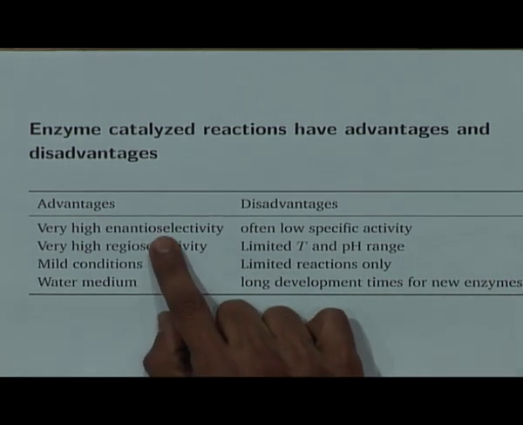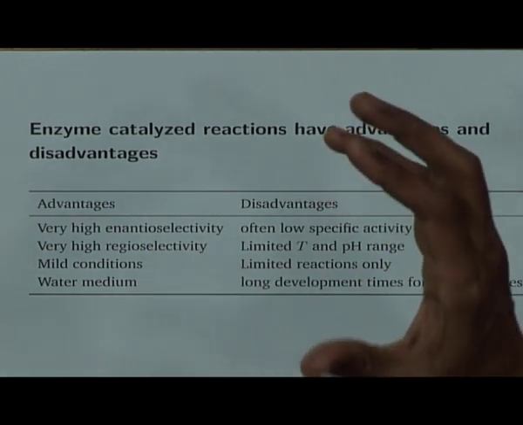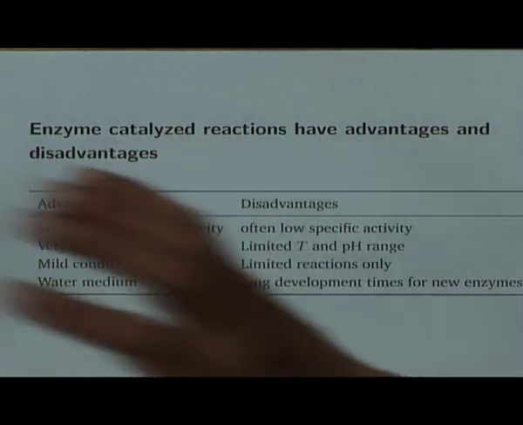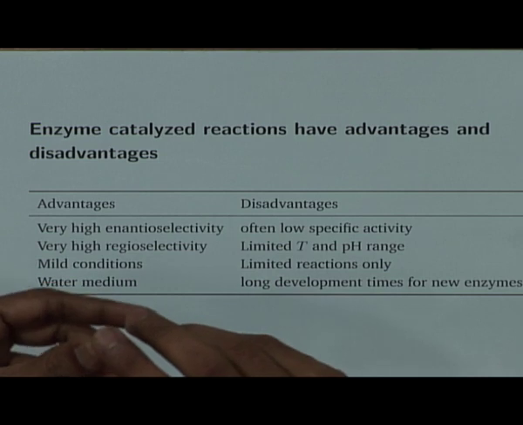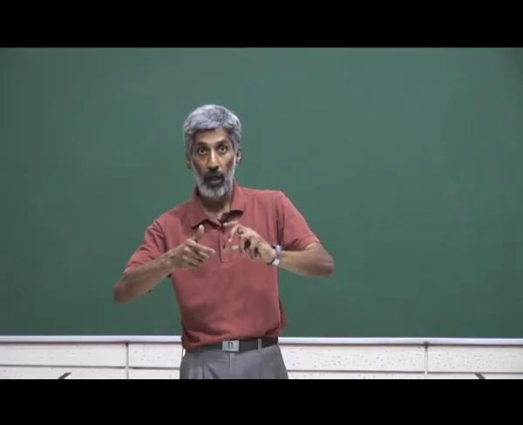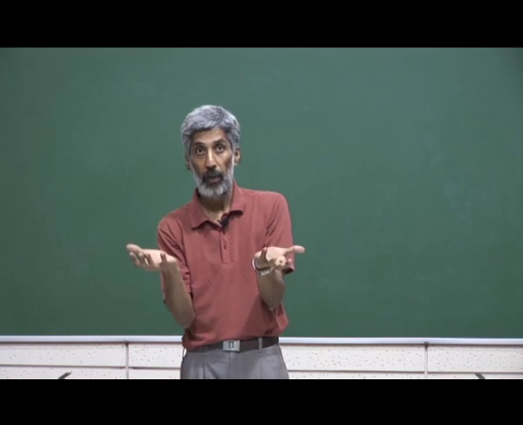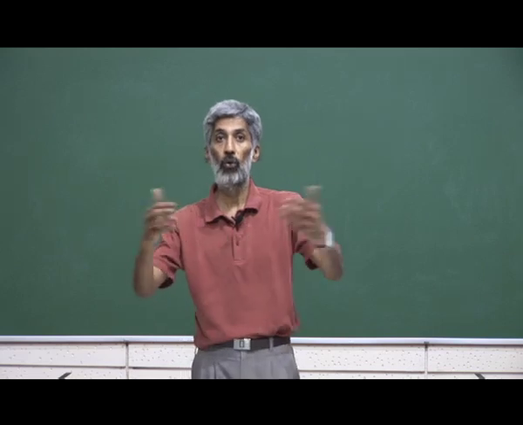They have very high enantioselectivity, and you can imagine this because you have these enzymes and they have these strange shapes. And obviously, even if there is a small change in the reactant that binds, the enzyme will be unable to bind that thing, and if there is no binding, then there is no reaction.